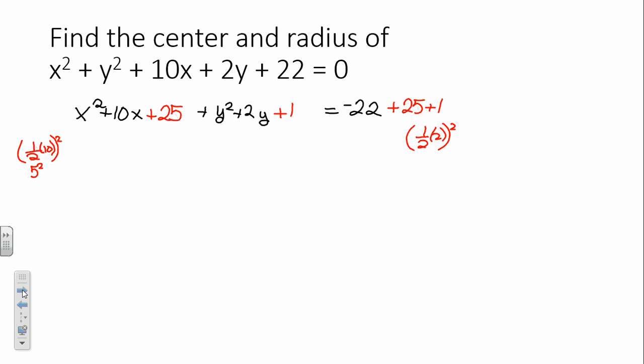All right, so did you get x plus 5 squared plus y plus 1 squared is equal to 4? So what's your center? And what's your radius?